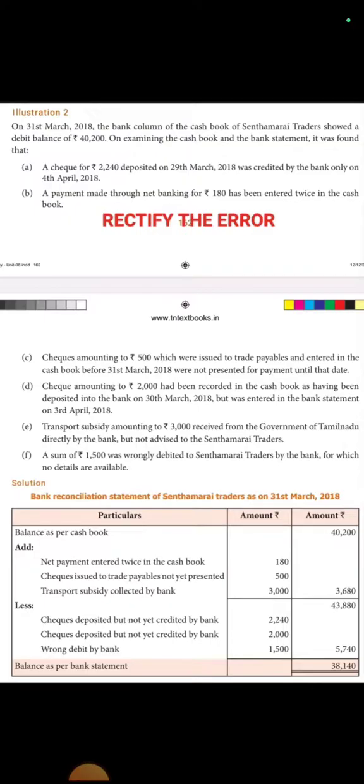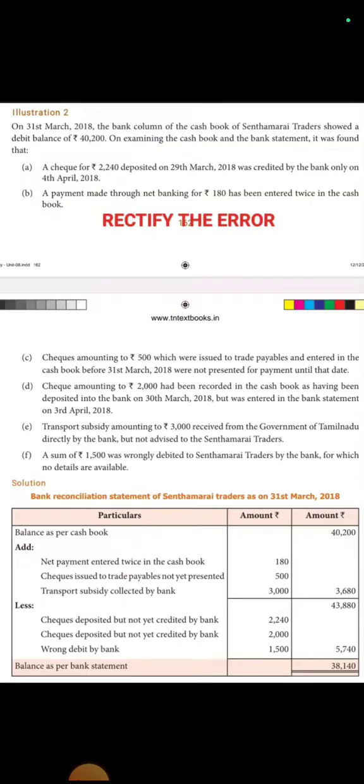When we made payment, immediately we decreased our cash book. We subtracted 180 rupees in our cash book on the bank column. That is correct. But twice we made the entry. The second time too, we subtracted 180 rupees in our cash book.